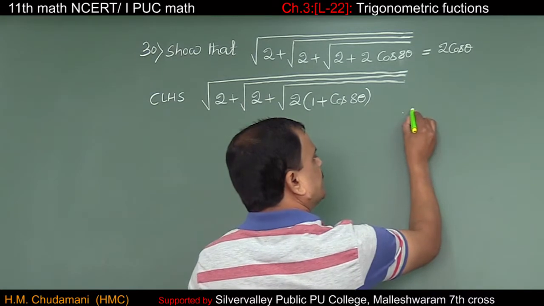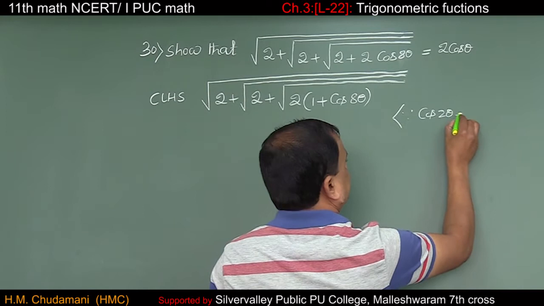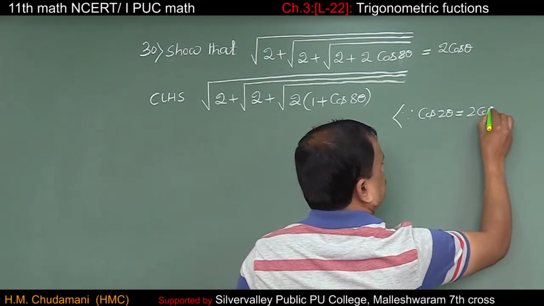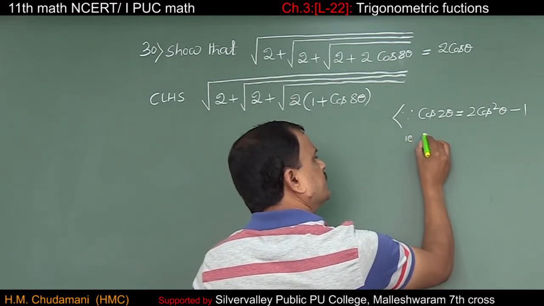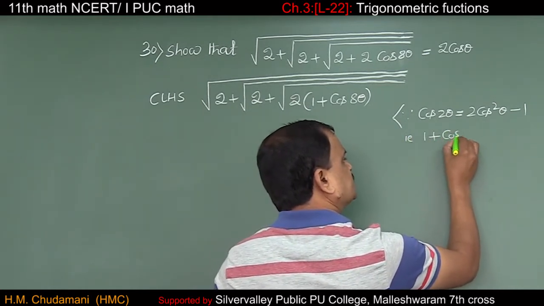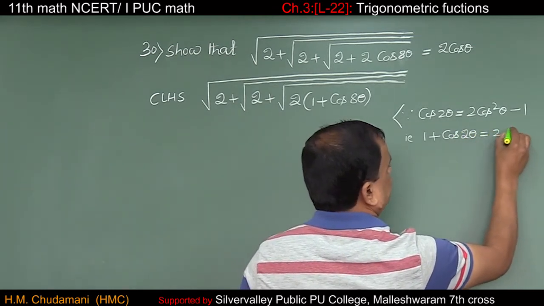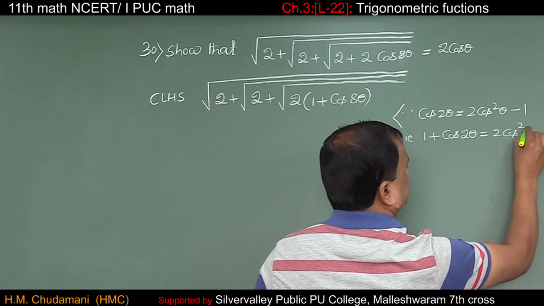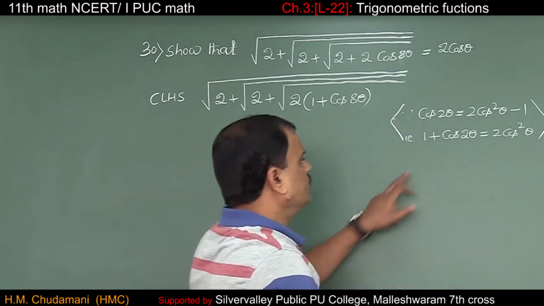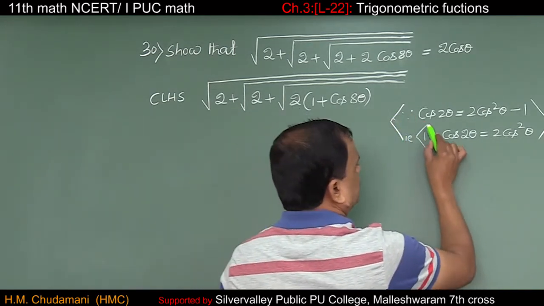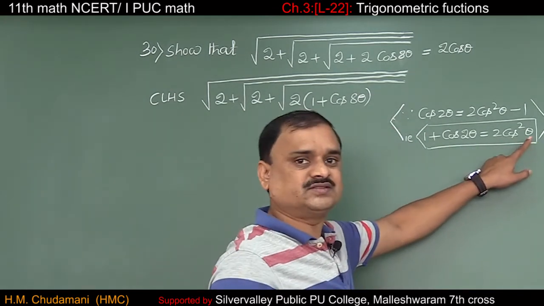We have the formula cos 2 theta in terms of cos: 2 cos square theta minus 1. That is, 1 plus cos 2 theta is 2 cos square theta.